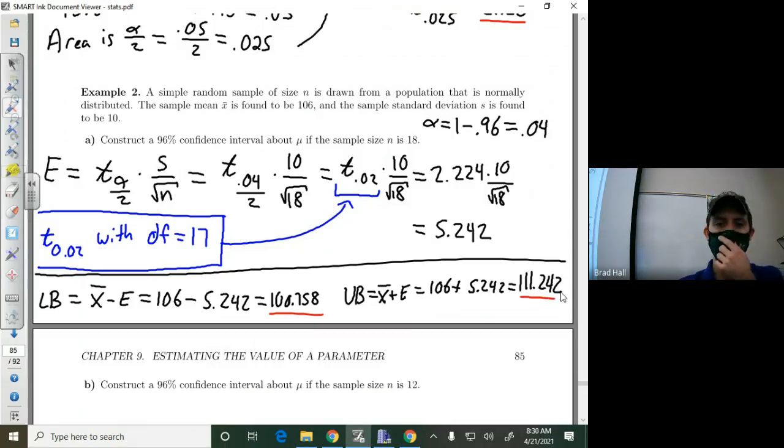That is our interval. That is our 96% confidence interval for the sample means. So we have 96% confidence that really the population mean will fall in between that interval.